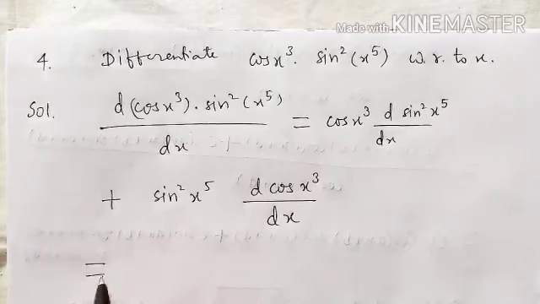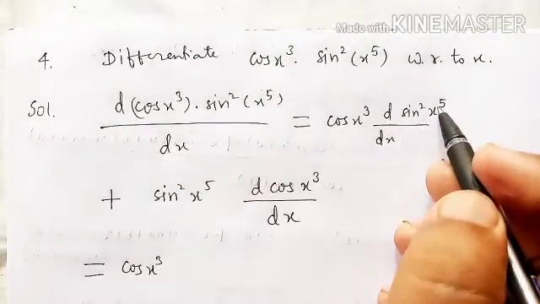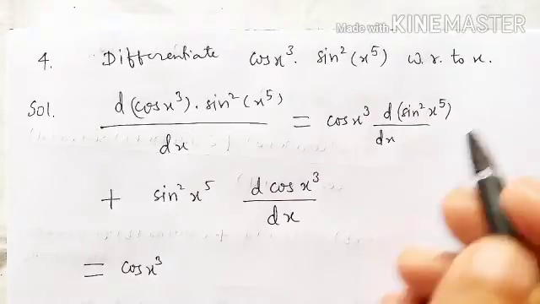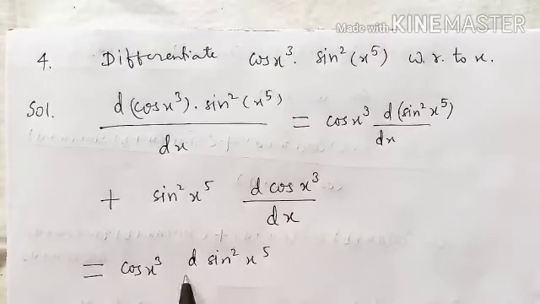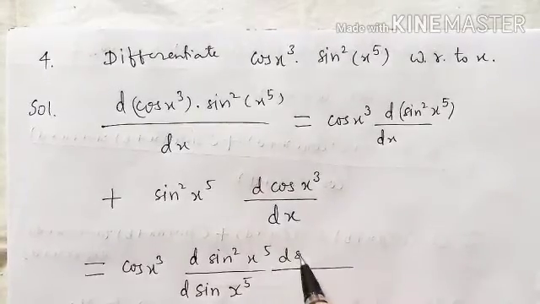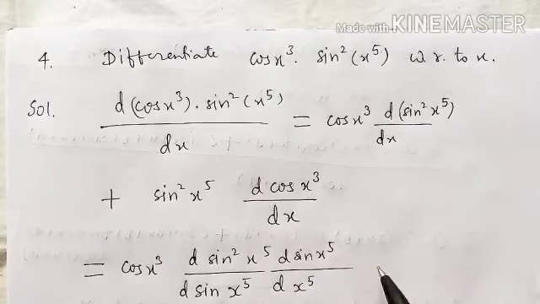Now see, here cos x³. Now d of sin² x to the power 5. Here this is a function of sin x to the power 5, and sin of x to the power 5 is a function of x to the power 5.